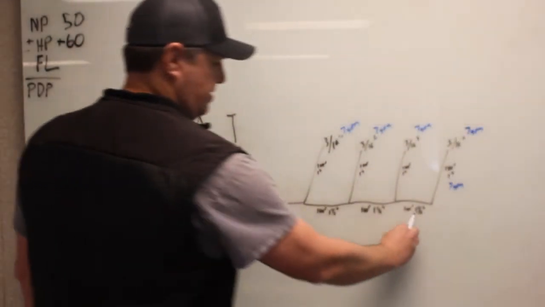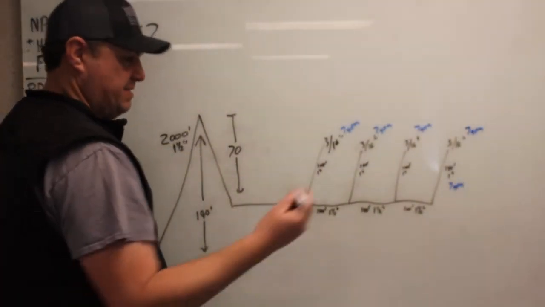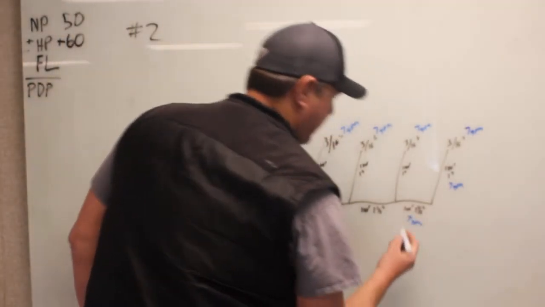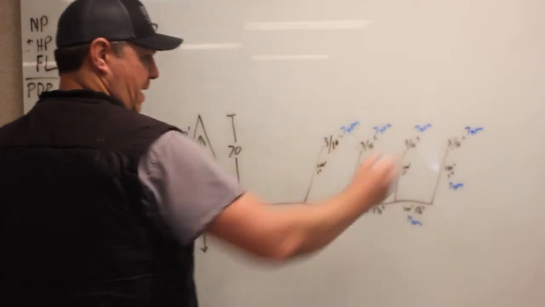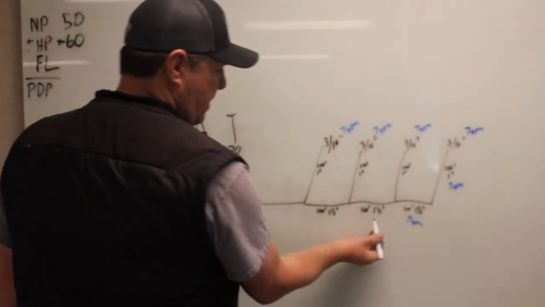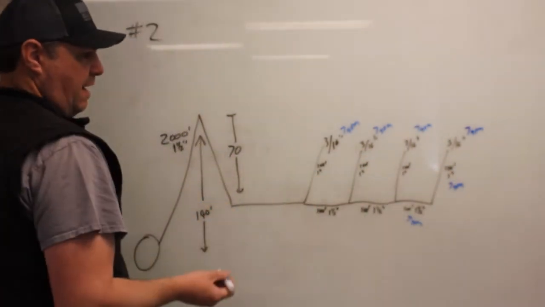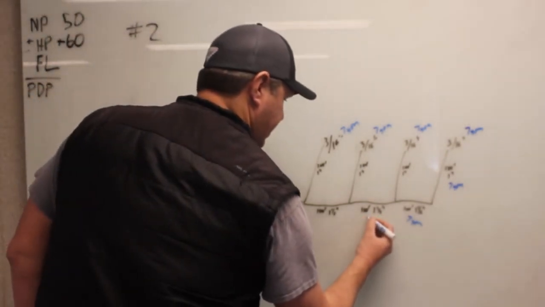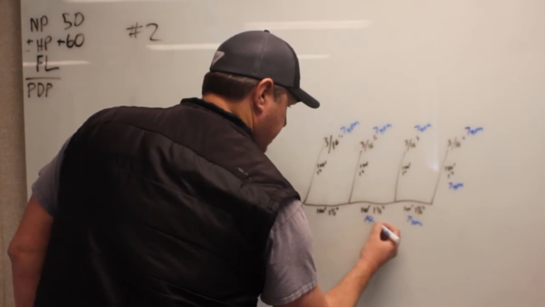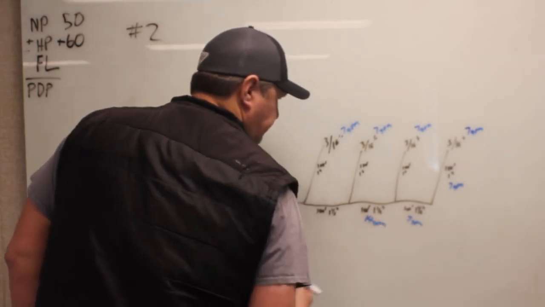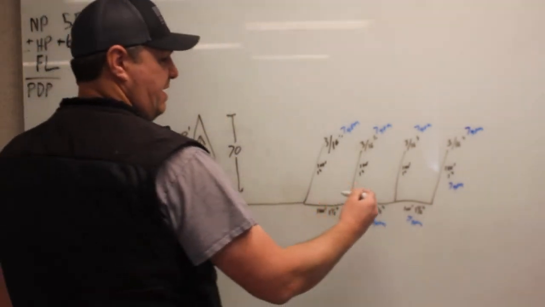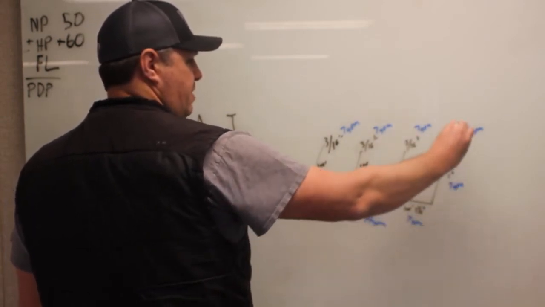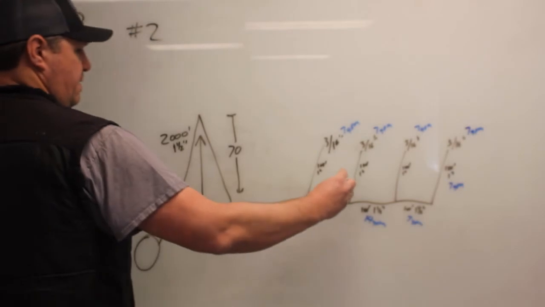Okay, and then in this next piece, which is 1.5-inch hose, I also have 7 gallons per minute. That 7 gallons per minute flows through this hose and out that lat. Next piece of 1.5-inch hose, I have 2 lats that it's feeding. So that'd be 14 gallons per minute. All right, and 14 gallons per minute flows through this hose, 7 comes out, 7 keeps going out to the end.